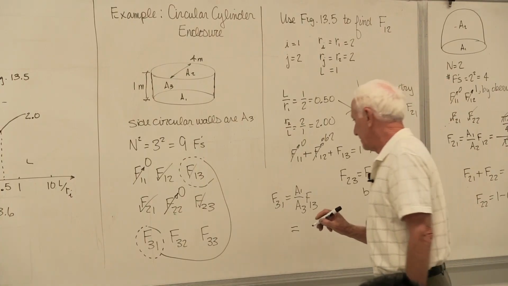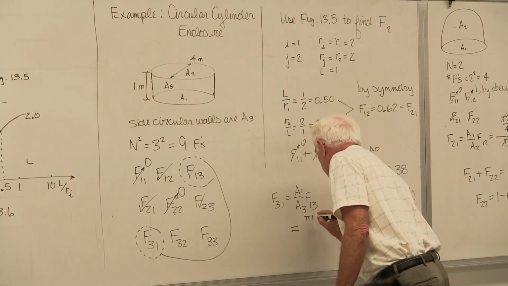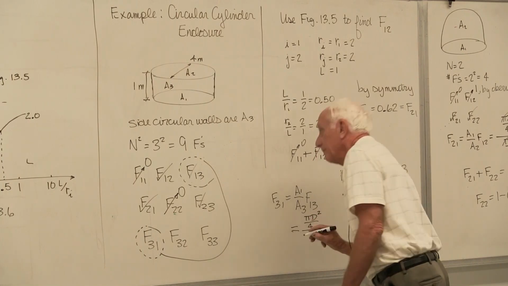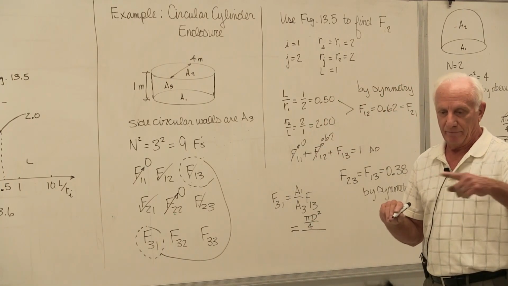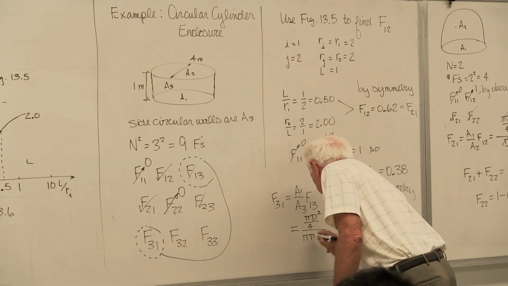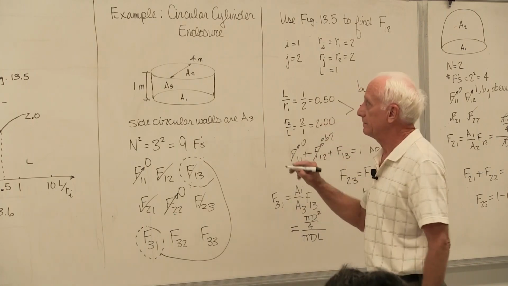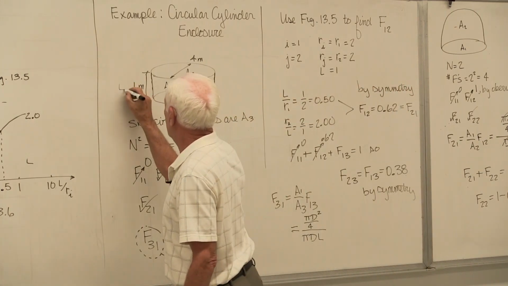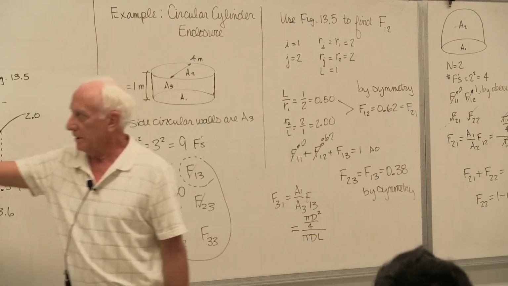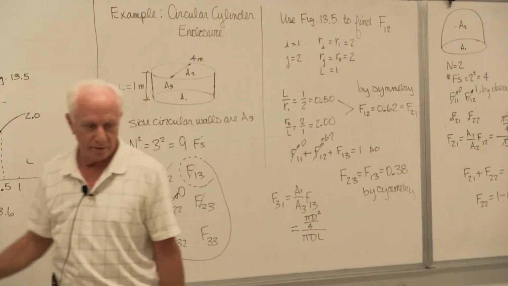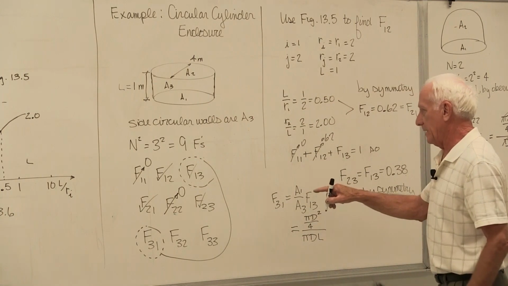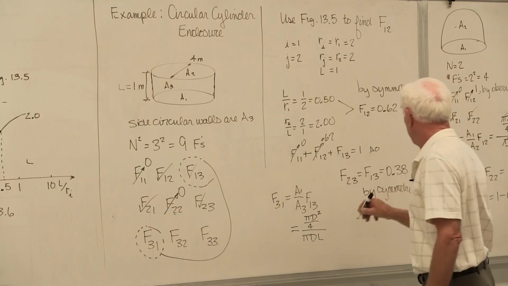A1, pi d squared over 4, divided by A3, pi d times L. L is the spacing. L equals 1 meter. Like the picture in the textbook shows, L is the spacing from the two parallel discs. Times F13, I just found F13, it's 0.38.